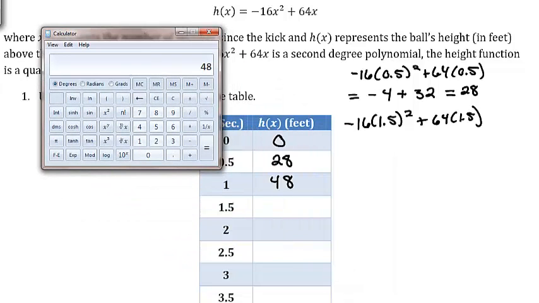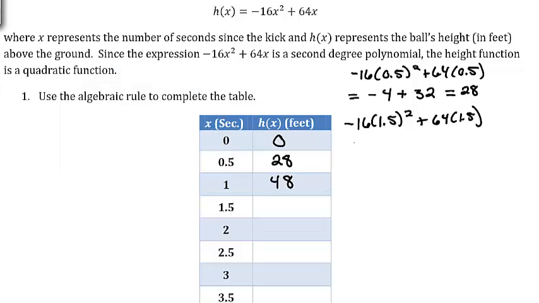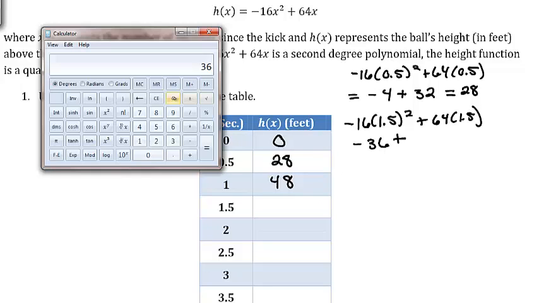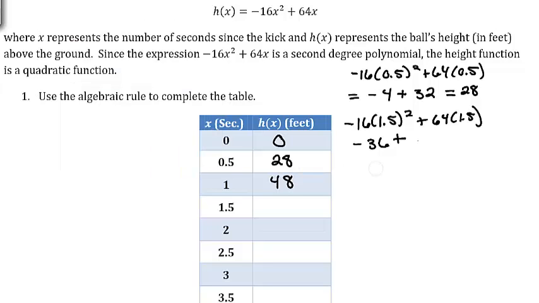So what do we get for our first term here? We get 1.5 squared times 16, so that'd be negative 36, plus 64 times 1.5 gives us 96. And when we add those together, we get 60.